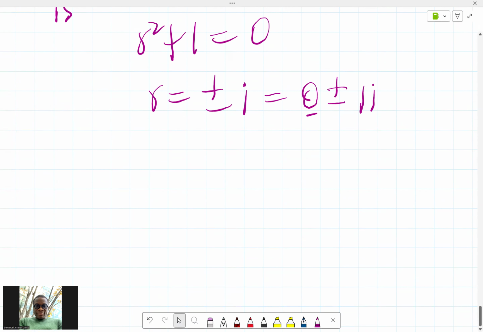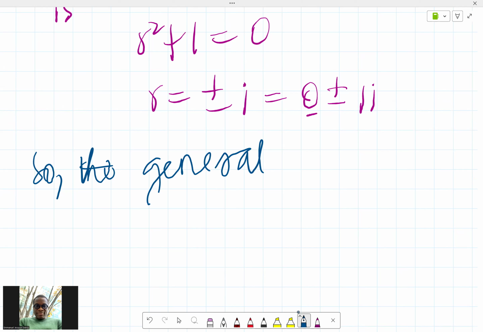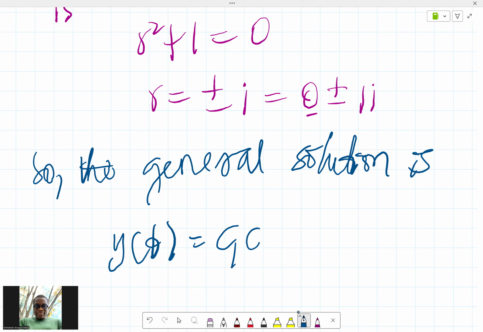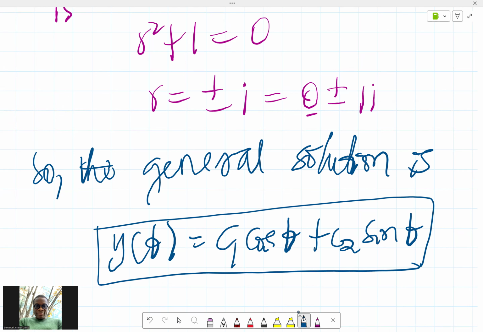So with that now, we can say the general solution is y of t equals C1 cos 1t, that's C1 cos t plus C2 sine 1t, because beta is 1. So this is the general solution in that situation.